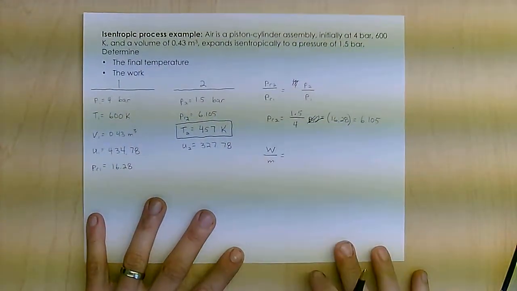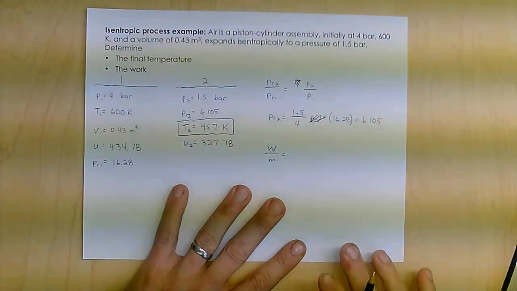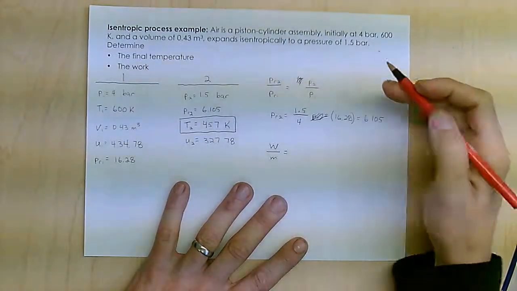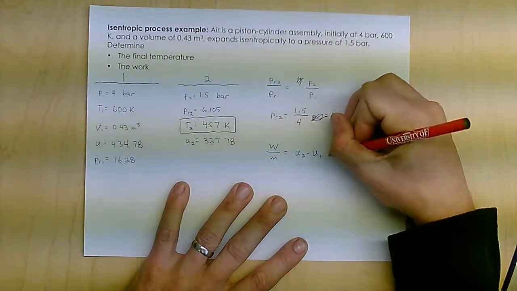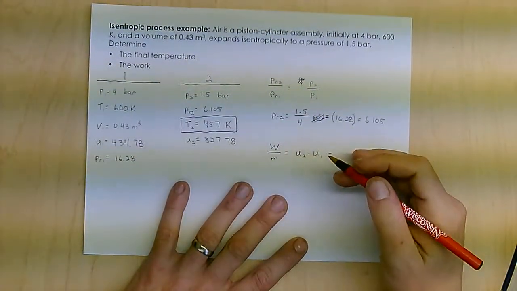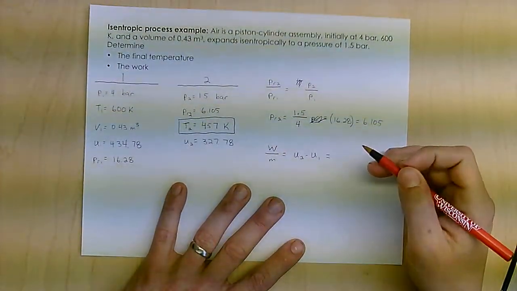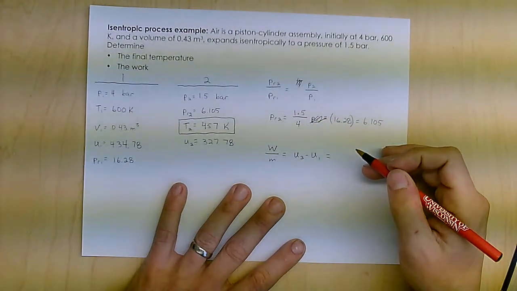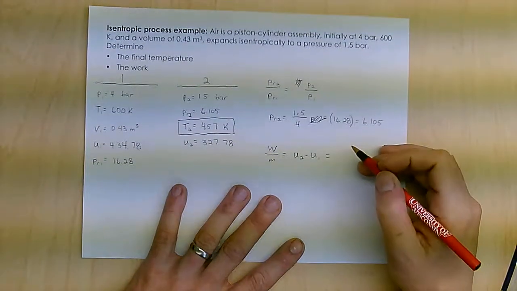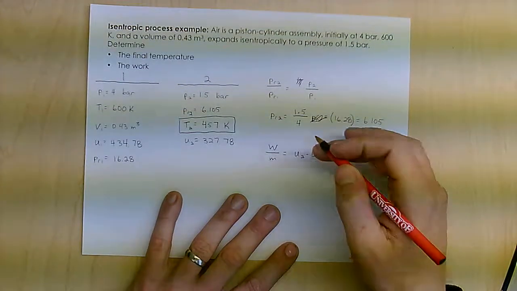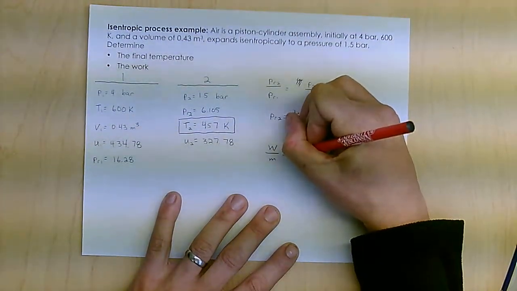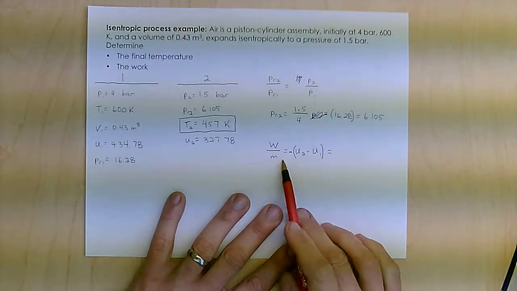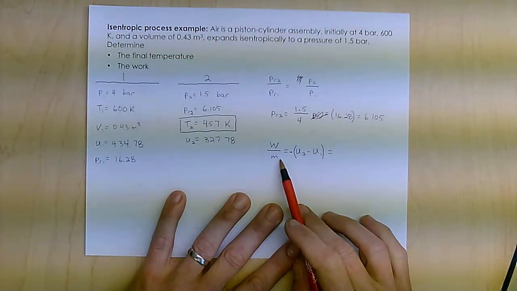as simply delta H, or not H because this is a closed system, it's actually just U2 minus U1. When I do that calculation, I get, hold on. Yeah, actually this is going to be negative U2 minus U1, and again that's because, probably skipped too many steps here.